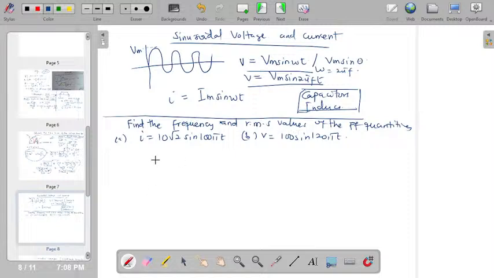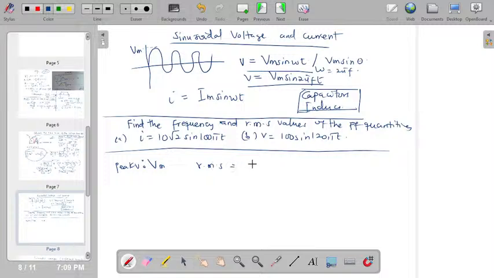Now, generally, I skip this. If you have your peak voltage Vm, then the RMS value is always equal to your peak voltage over square root of 2. Please take note of this.